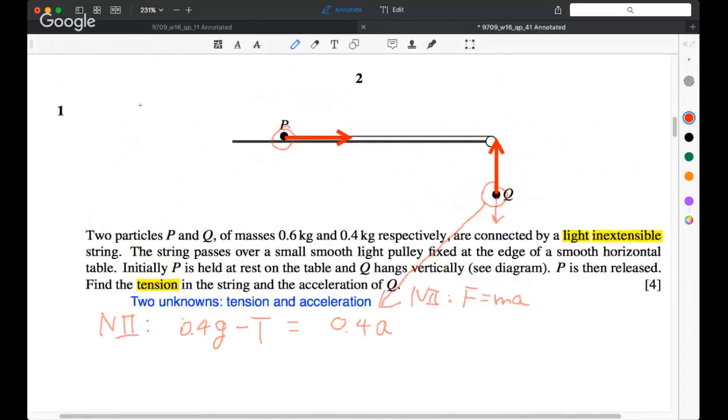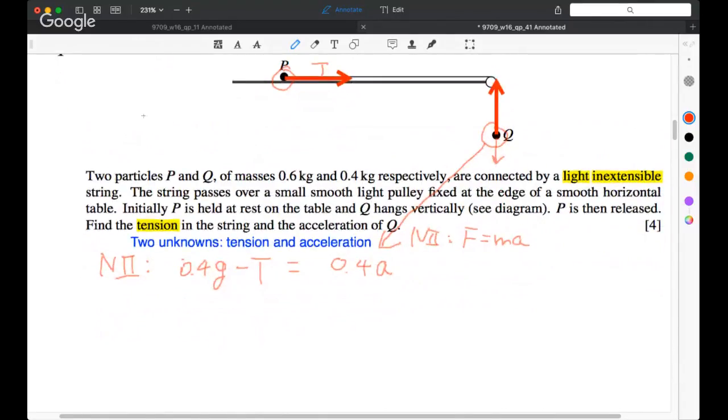There's only one force acting on object P. That is the tension acting along the string, again, T. So the resultant force is simply T equals 0.6a. Again, on the left-hand side we have the resultant force, and on the right-hand side we have mass times acceleration.